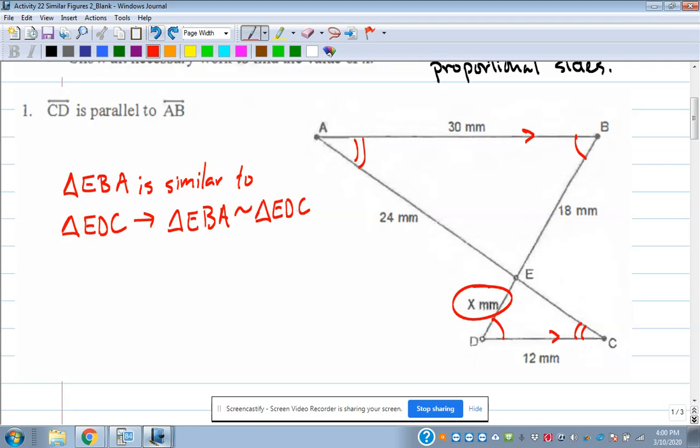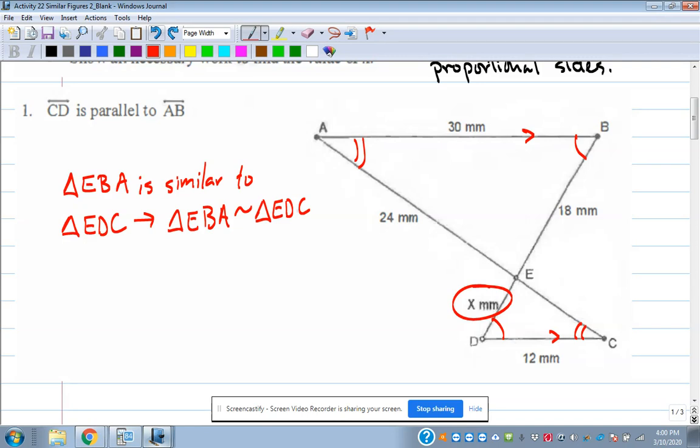So it follows around the triangle. It also creates this proportionate side idea that side EB relates to side ED. That's the relationship going on there. Side BA relates to side DC. That's what's happening with the similarity statement.